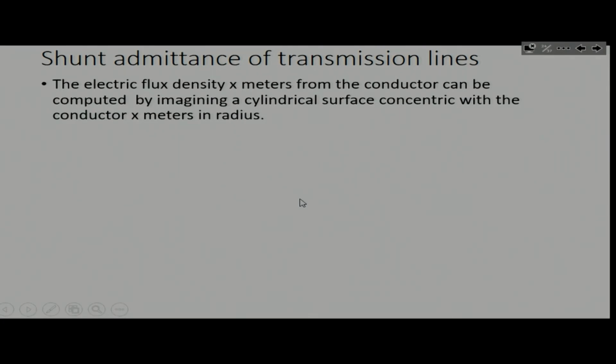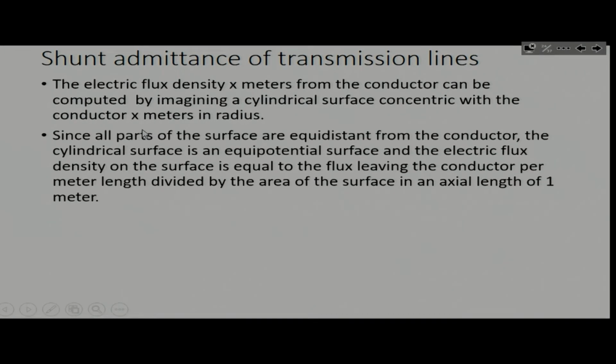The electric flux density x meters from the conductor can be computed by imagining a cylindrical surface concentric with the conductor, x meters in radius. Since all parts of the surface are equidistant from the conductor, the cylindrical surface is an equipotential surface, and the electric flux density on the surface is equal to the flux leaving the conductor per meter length divided by the area of the surface in an axial length of 1 meter.